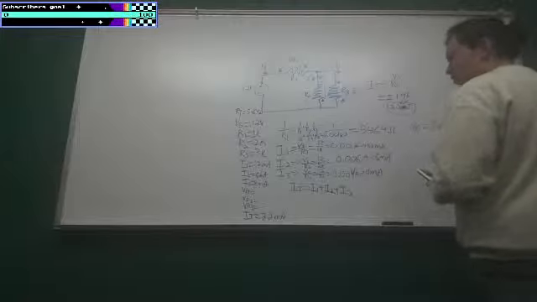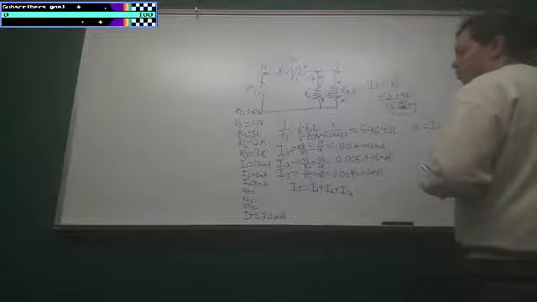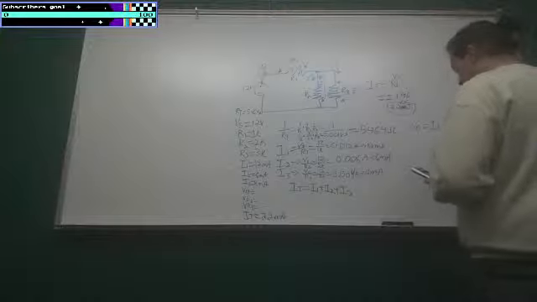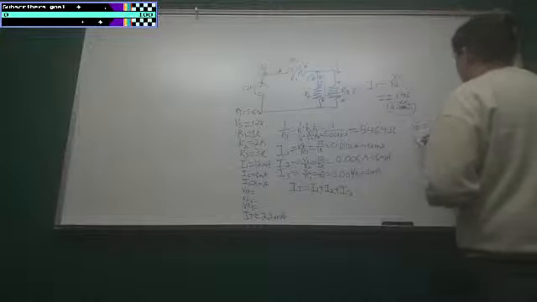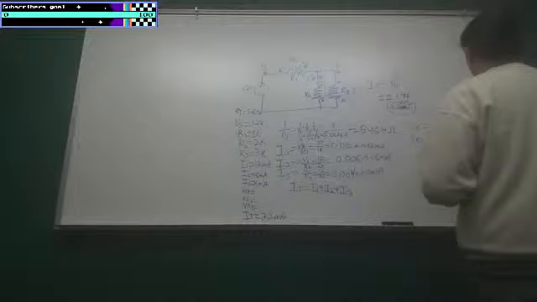And then what's I2, which is 6 milliamps times 2000. So VR2, which is just I2 times R2, is 12 volts again.